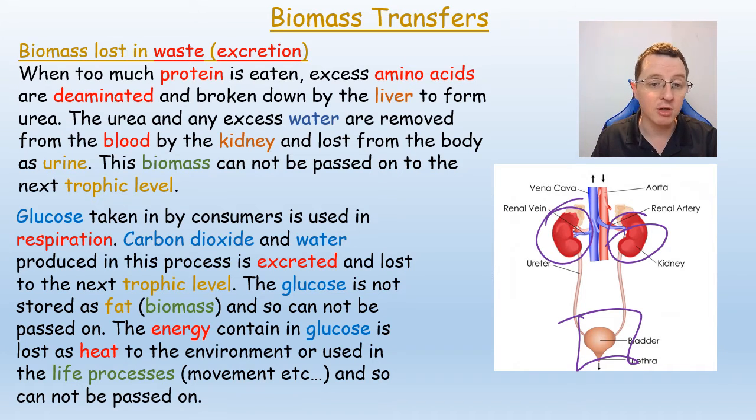In particular, the glucose is not stored as fat and so can't be passed on. And the energy contained in the glucose is lost as heat to the environment or used for the life processes, movement, etc. And again, so can't be passed on. So this is energy that you have consumed as an organism, but is not passed on to the next trophic level.